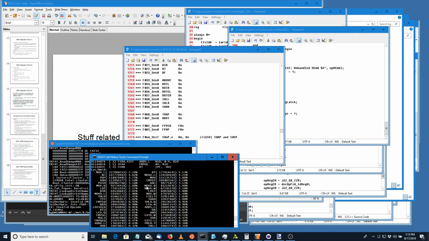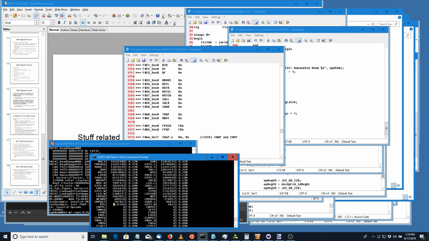And then you have unsigned byte and word loads here. And loading a constant value. So on.